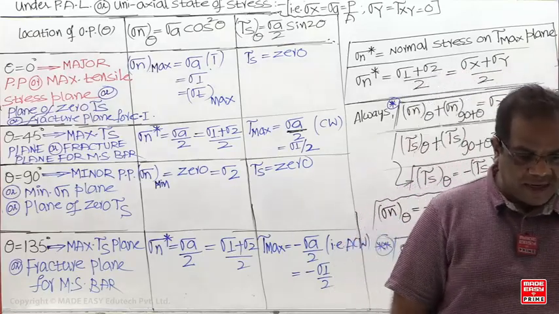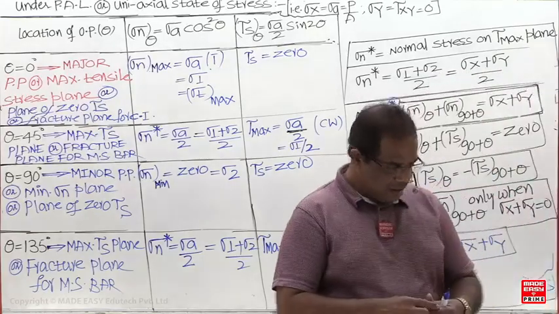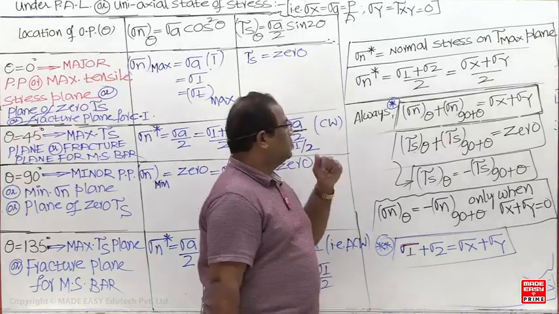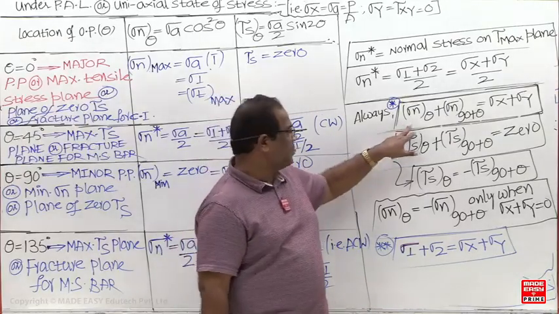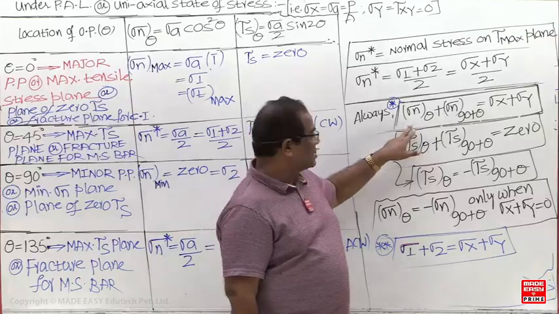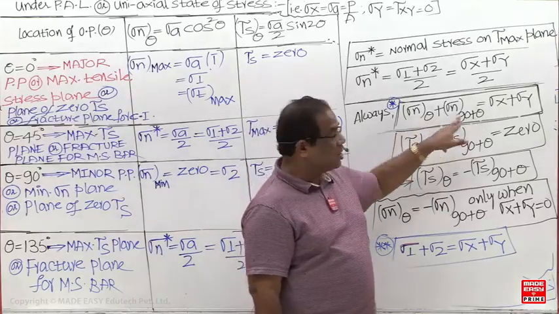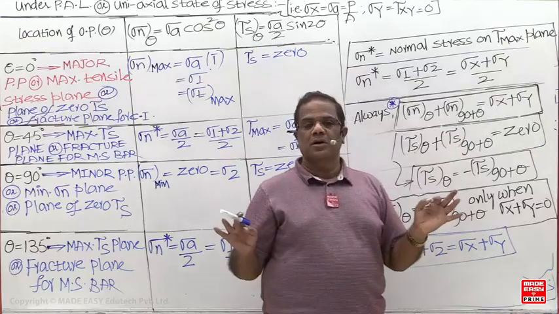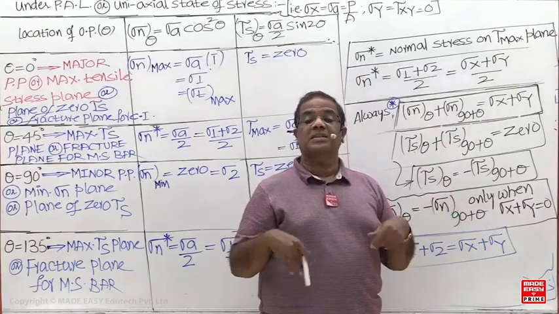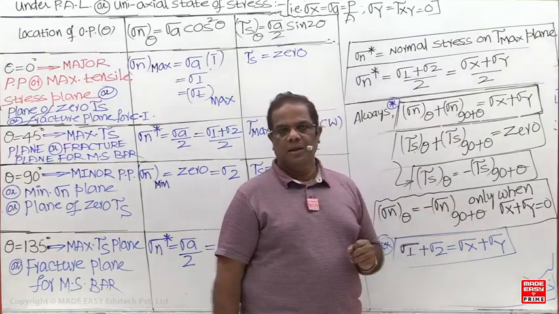I'm going to repeat it. What is this statement? Sum of the normal stresses on two mutually perpendicular planes is always equal to the sum of the normal stresses on x and y faces.